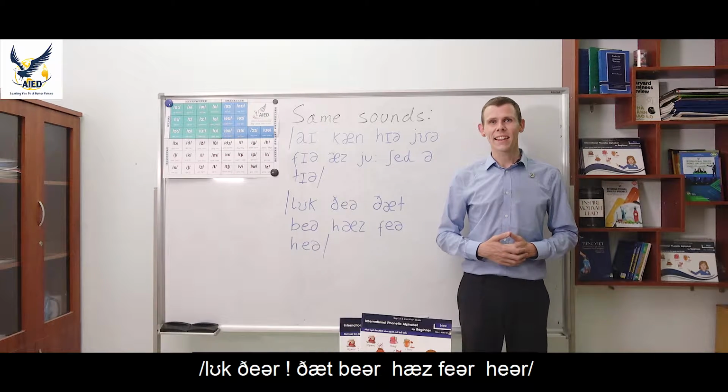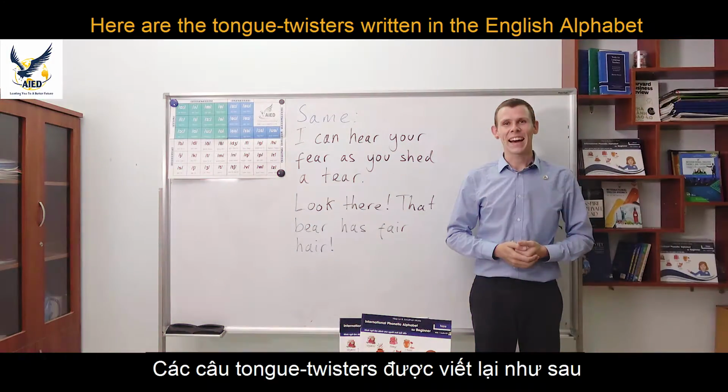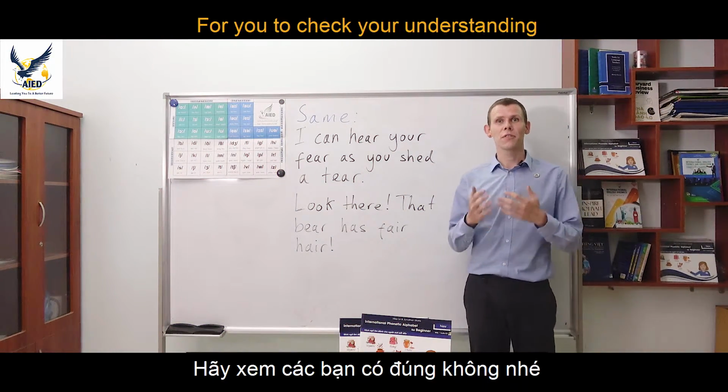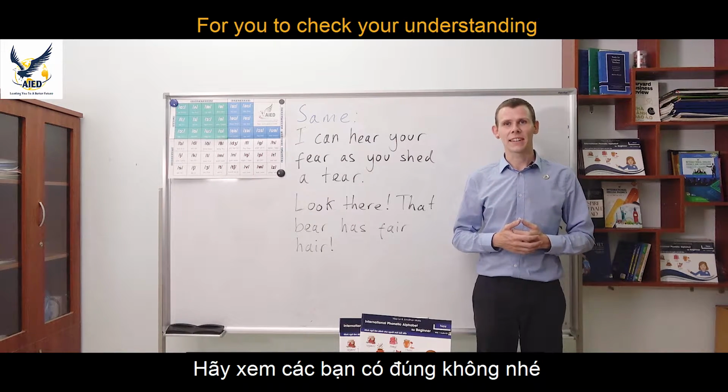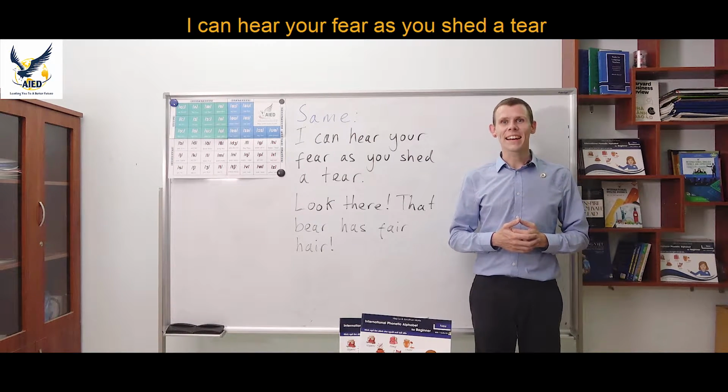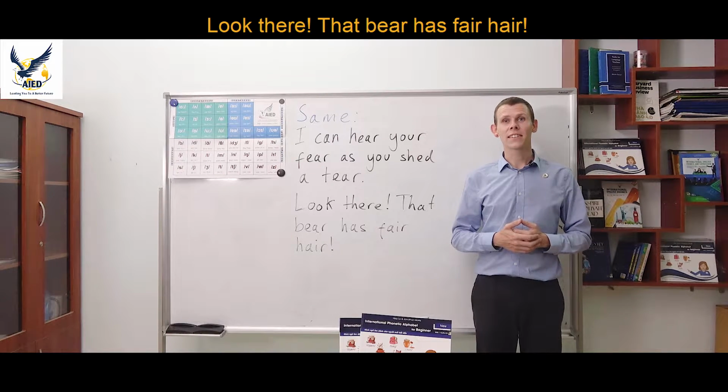Look there, that bear has fair hair. And here are the tongue twisters written in the English alphabet for you to check your understanding. I can hear your fear as you shed a tear. And look there, that bear has fair hair.